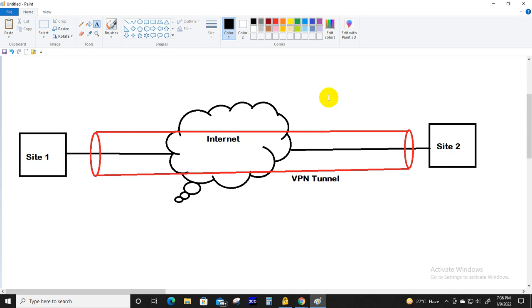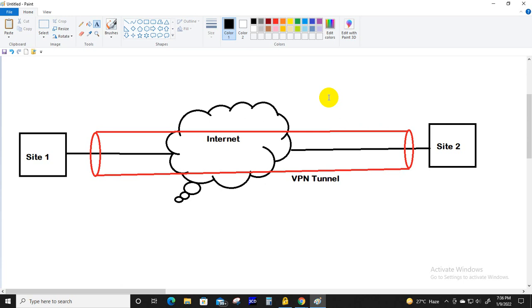Now the original IP packet is encapsulated with a VPN header and a new IP header. Suppose site 1 wants to communicate with site 2. The IP packet from site 1 is encapsulated with a VPN header and a new IP header.